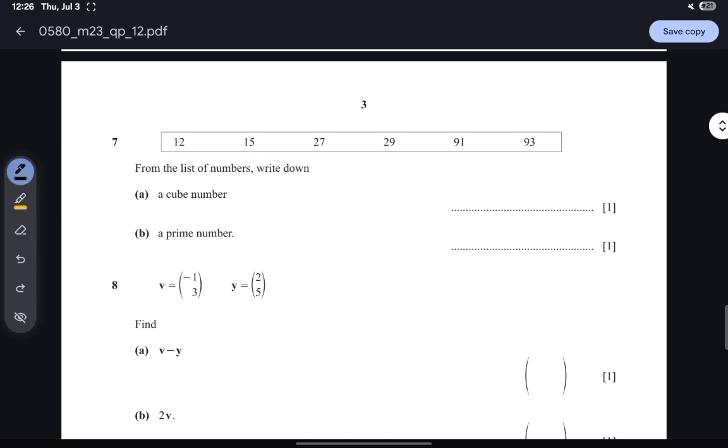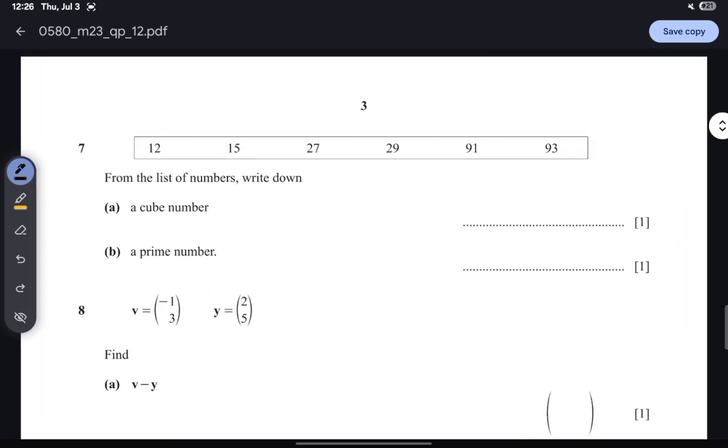A cube number is a number that we get after multiplying a number by itself 3 times. Right? For example, if we look at these, I can straight away see that 27 is a cube number.